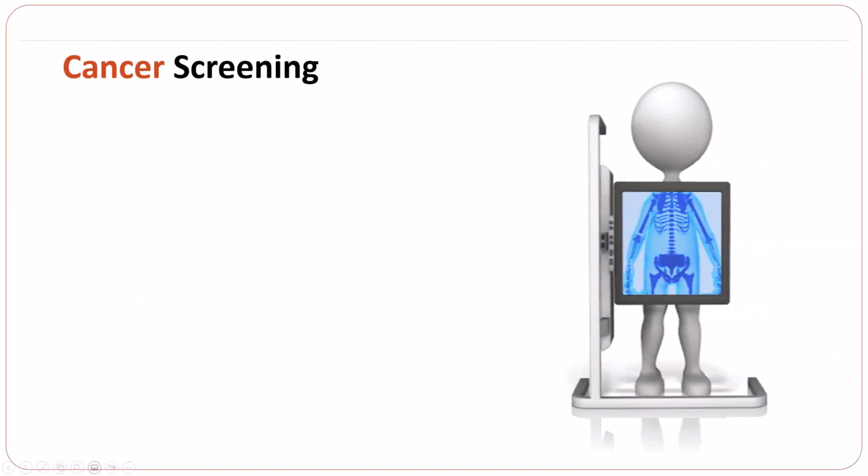Now, cancer screening is a very important tool because as we discussed earlier, cancer develops over a long period of time, and you want to pick up cancer during the early developmental phases where it hasn't spread yet, it hasn't become aggressive, so that you can nip the evil in the bud.